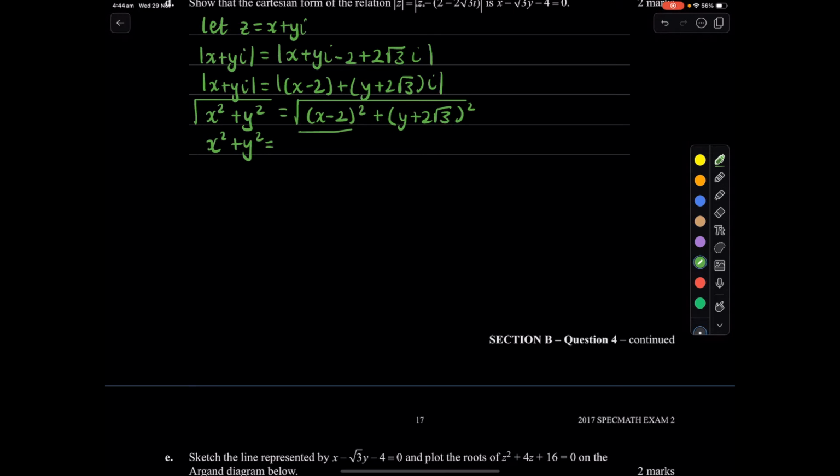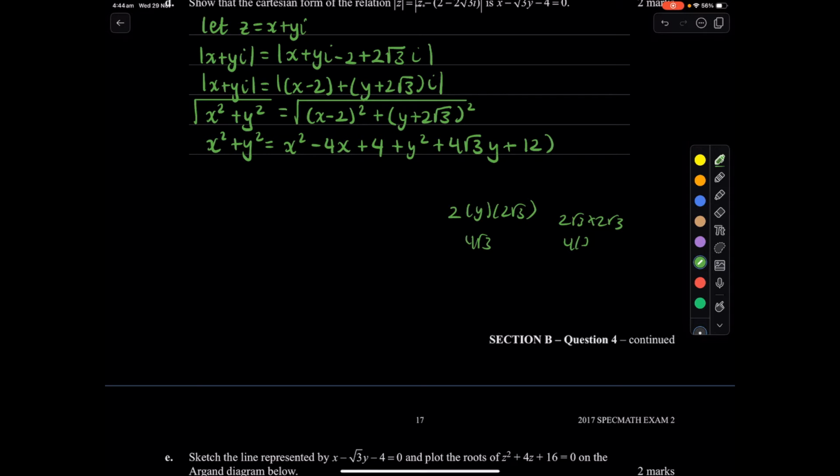Now let's expand these over here. That will be x squared minus 4x plus 4 plus y squared. Then 2y times 2 root 3, so it'll be plus 4 root 3y, plus 2 root 3 times 2 root 3, which is 4 times 3, so plus 12.